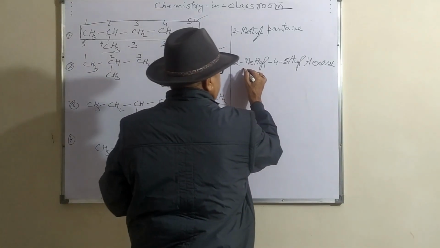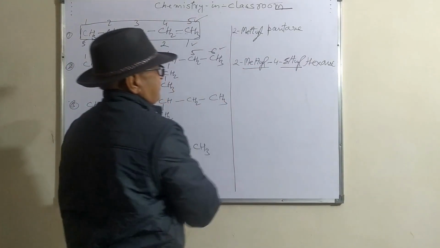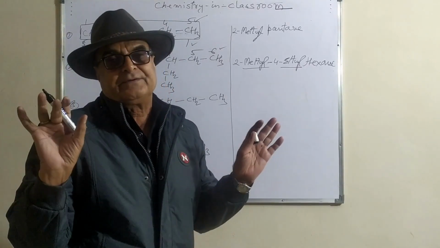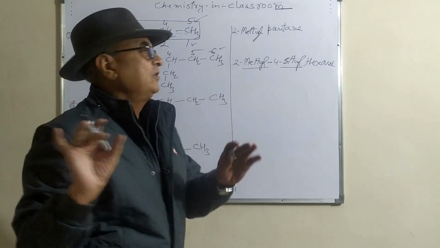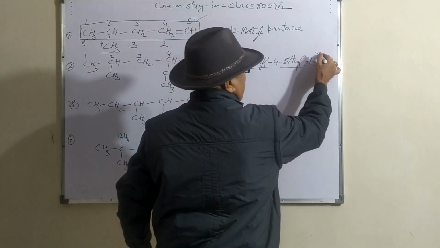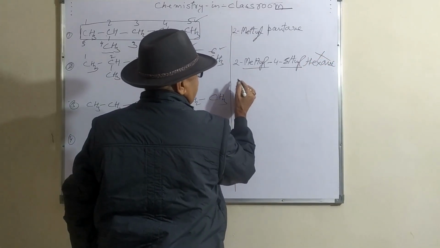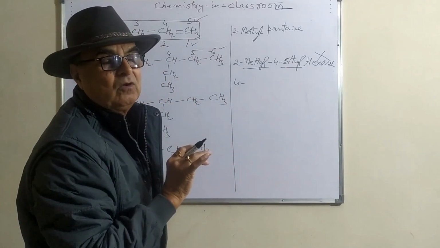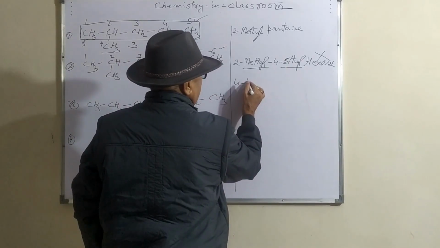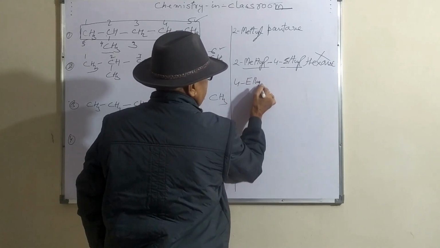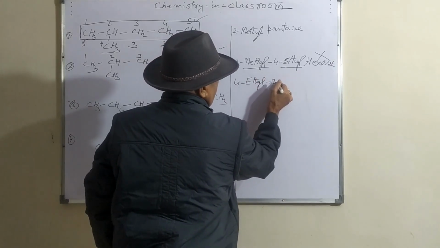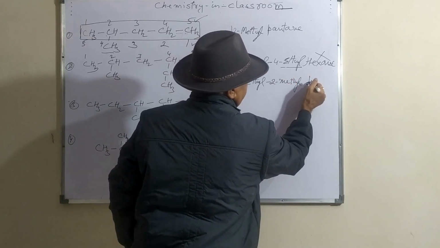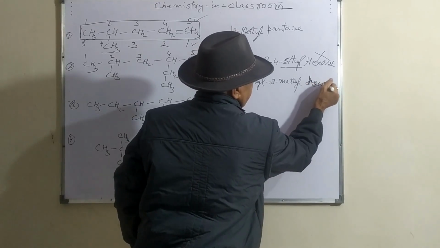When you write these prefixes, they should be in alphabetical order. So this is the wrong name. You should write 4-ethyl first, because E comes first in alphabetical order. So it is 4-ethyl 2-methylhexane.